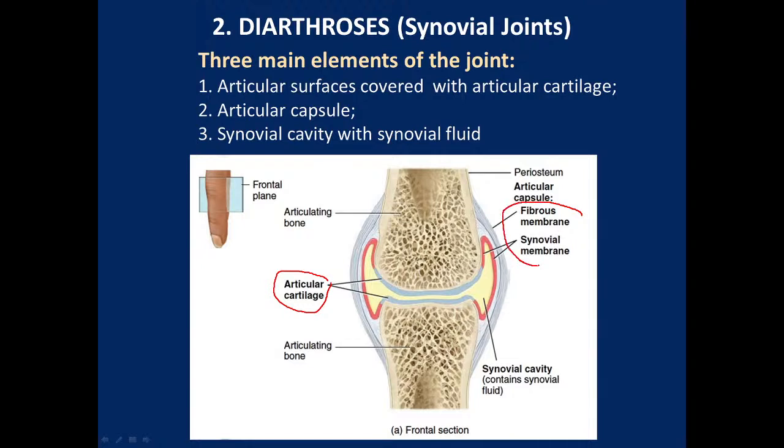Articular capsule consists of two membranes, fibrous and synovial membrane. And the third element is the synovial cavity with synovial fluid. Number 1, number 2, and number 3.